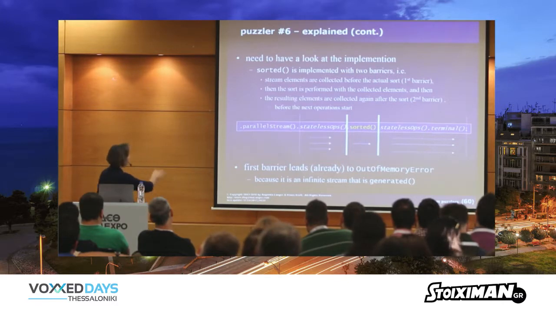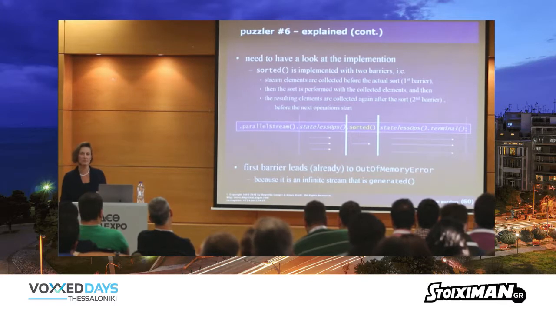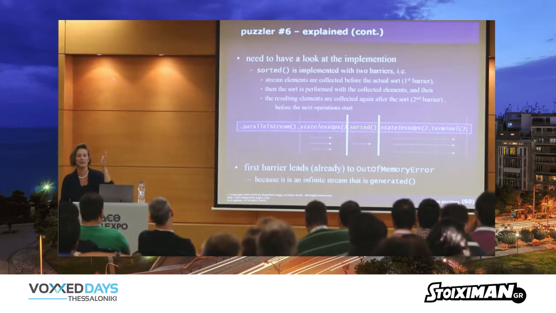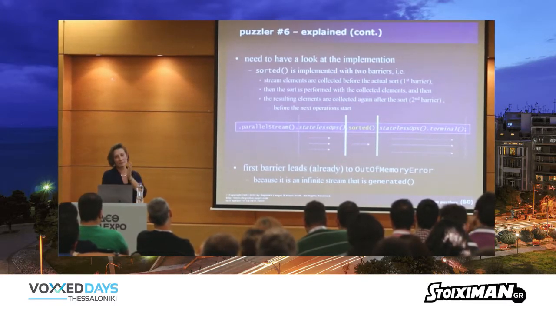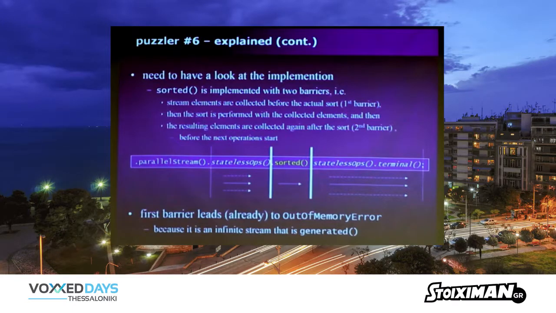And on that second array, the remaining operations are performed. Now you can imagine if I have a barrier, an array, and I fill in elements from an infinite stream, the barrier grows and grows and grows infinitely until we run out of memory.